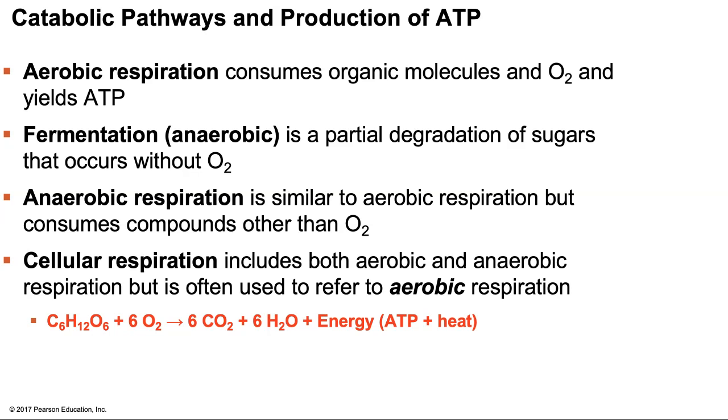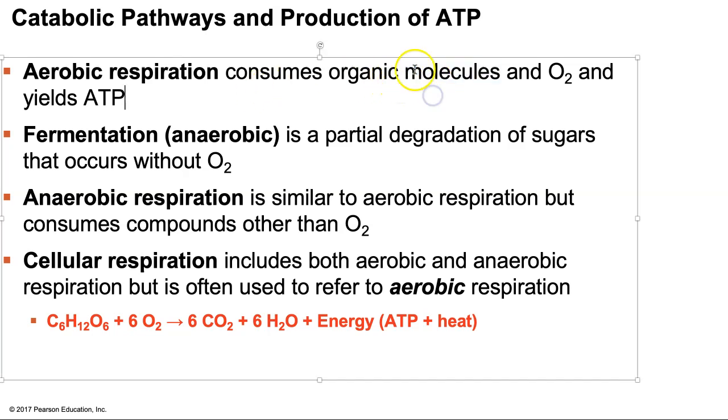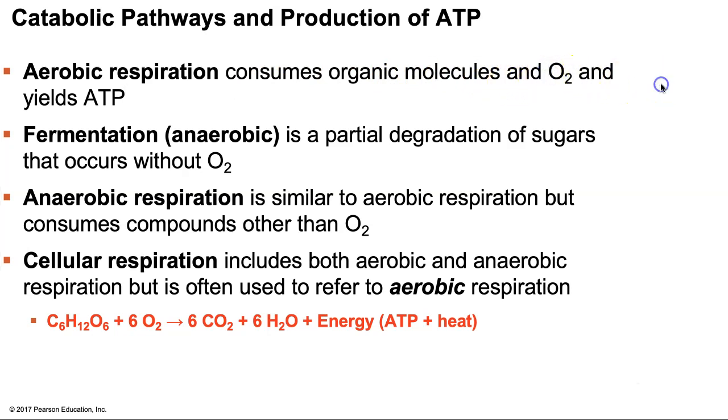And there are two types of respiration: aerobic and anaerobic. Aerobic here means that there's oxygen involved, right? We have the word aero, air. And obviously oxygen is in our air. So aerobic respiration requires the consumption of organic molecules, because that's what we're breaking down for energy, but in addition, we need to have oxygen present.